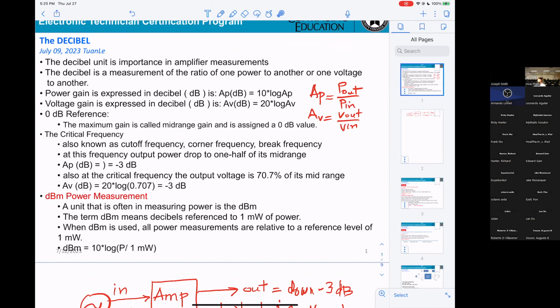The thing is, when they say you lost 3 dB, that alone cannot tell you the value of how many volts.